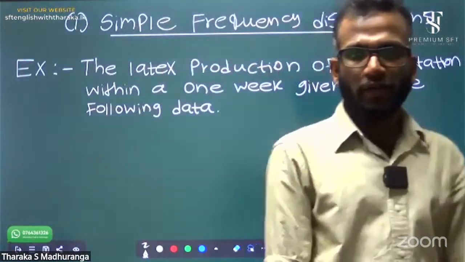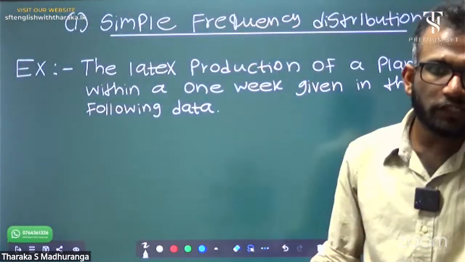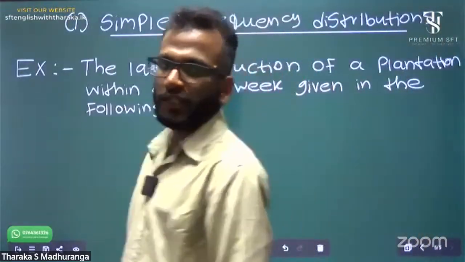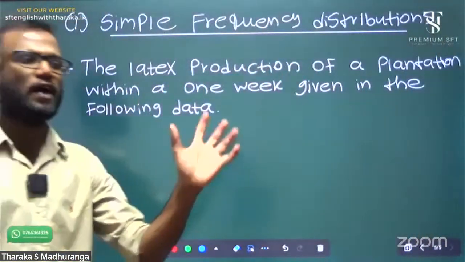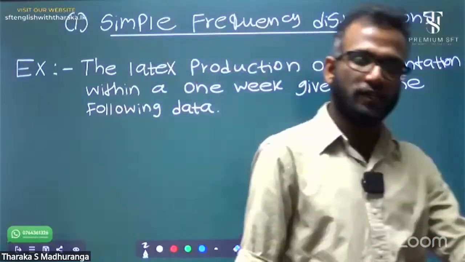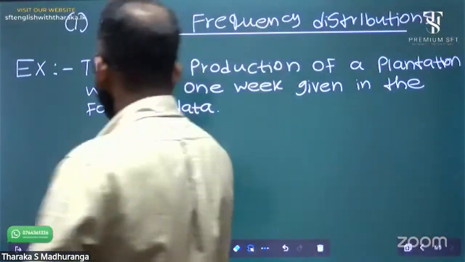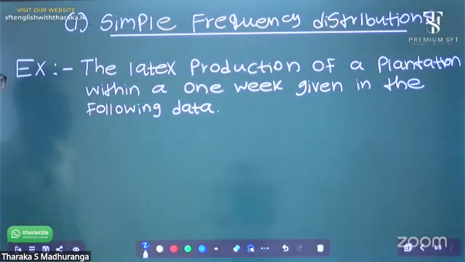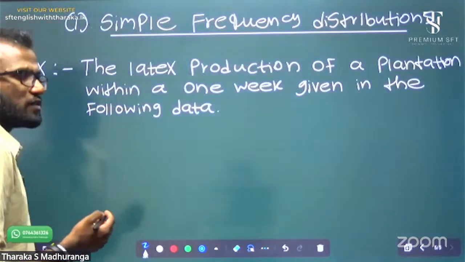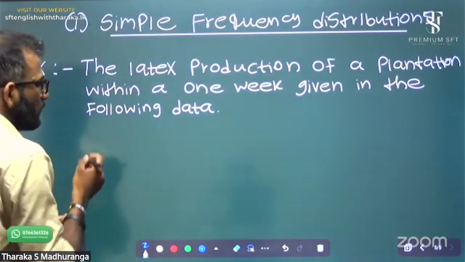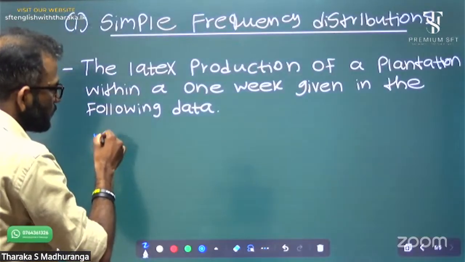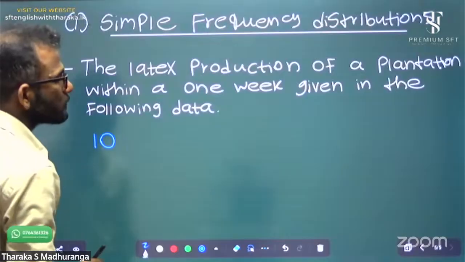Okay, what's the example? The latex production of a plantation within 1 week. Within 1 week means how many days per week? 7, right? Okay, these are the data. On the first day, whether because of rain or whatever reason, the latex production was only 10 liters.